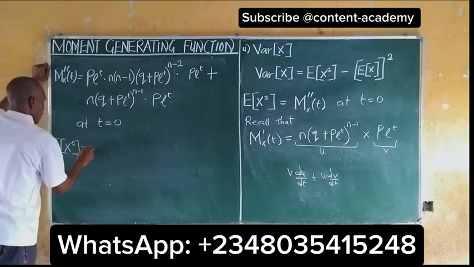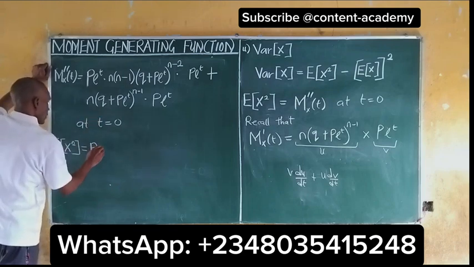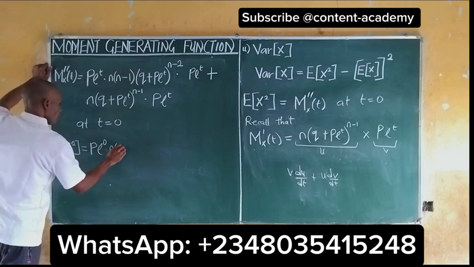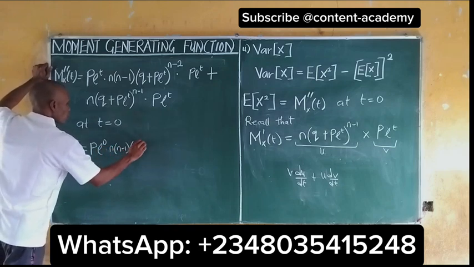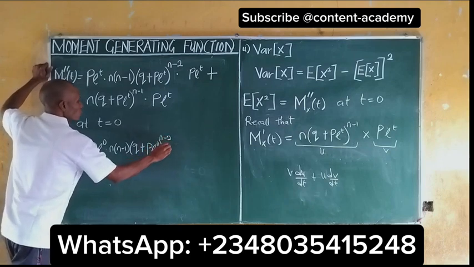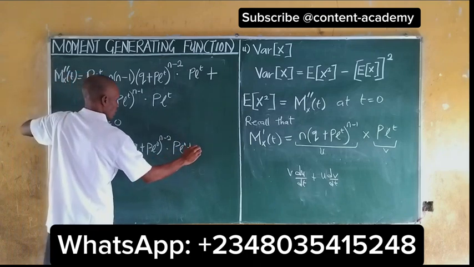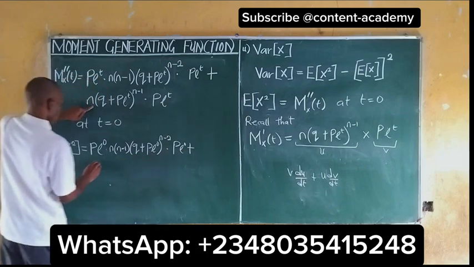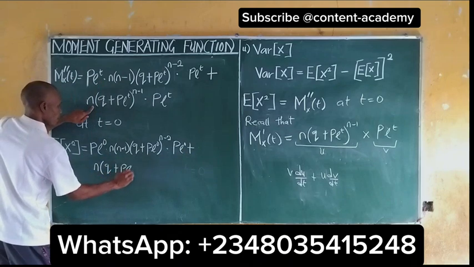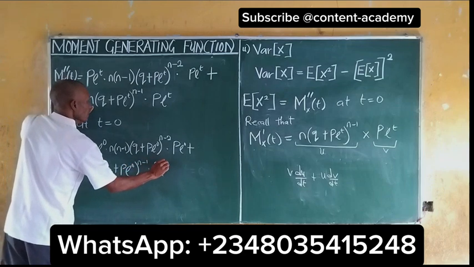So we have p e^0 multiplied by n into n minus 1, (q plus p e^0) raised to n minus 2, multiplied by p e^0, plus what we have here, n into (q plus p e^0) raised to n minus 1, multiplied by p e^0.